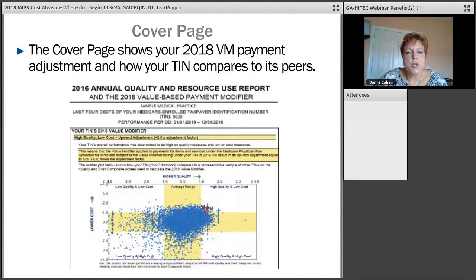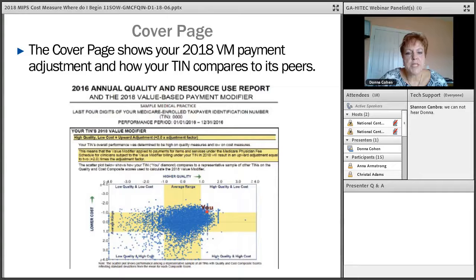So this is very typical when we go through the percentages of adjustments. Later on in the presentation, you'll see that the majority of folks across the nation are receiving a neutral payment adjustment. So let's dig on into the beginning of the QRUR report, and it starts off with a cover page.